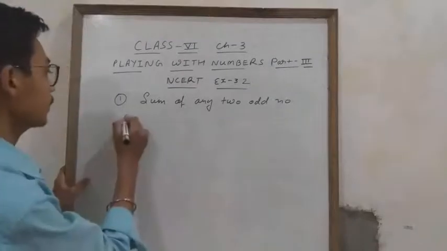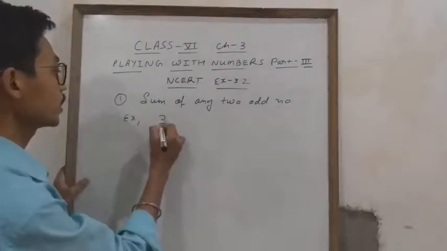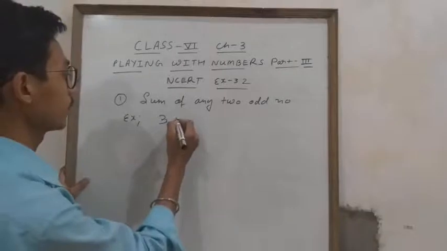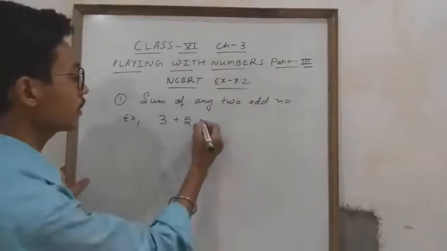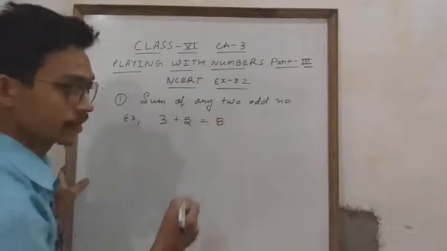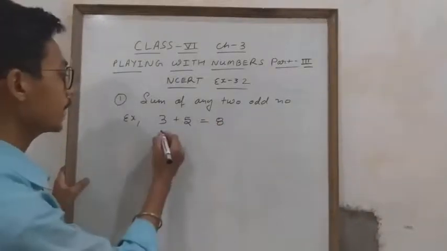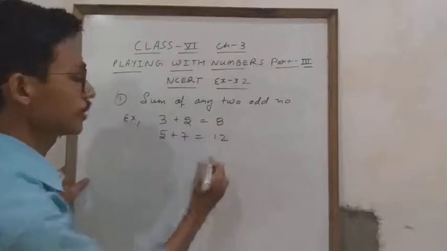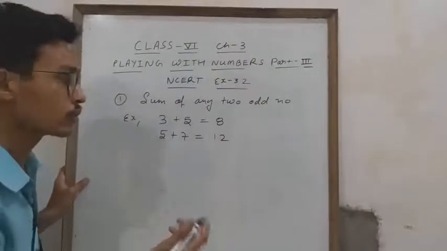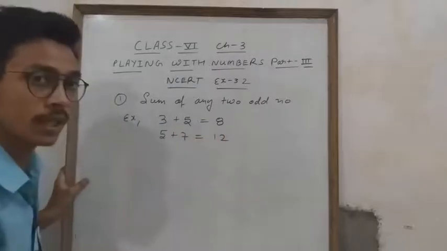For example, I am taking 3, which is odd, and 5, which is odd. 3 and 5 is 8. Another example, students, 5 and 7 I am taking. 5 and 7 equal 12. Clear, students? So what is the conclusion? The sum of any two odd numbers equals an even number.